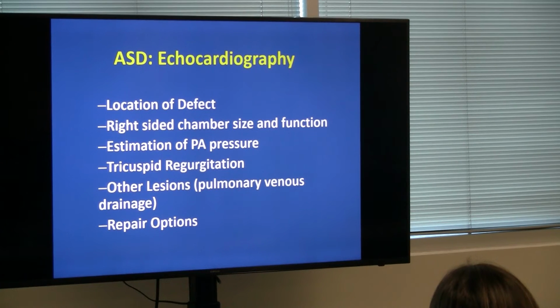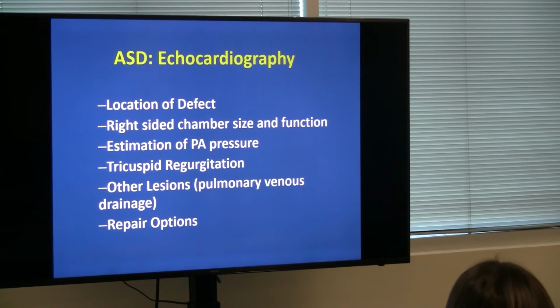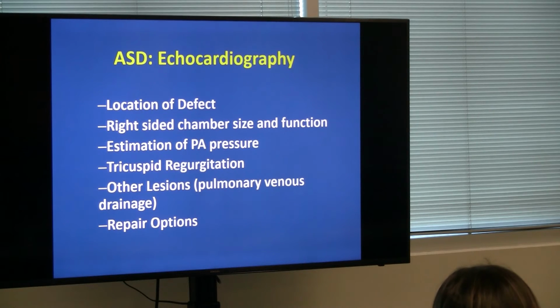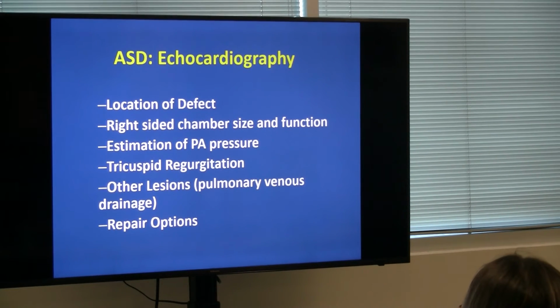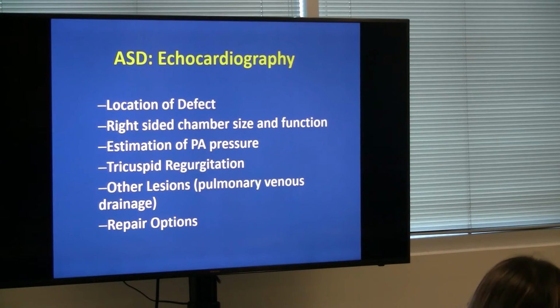And also realize that 10% of atrial septal defects are associated with partial anomalous pulmonary venous return. In the congenital heart disease world, it is important not to get hung up on the one defect that you are told about, but also look for the associated defects. So don't miss the forest just because you're seeing the tree. Okay? And then it helps plan the repair options.